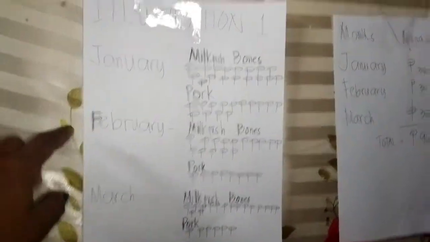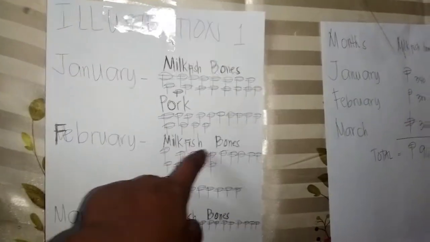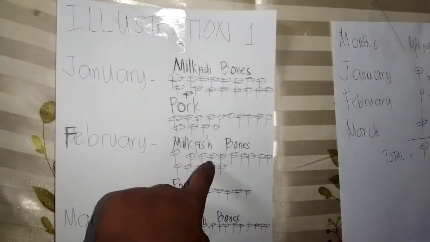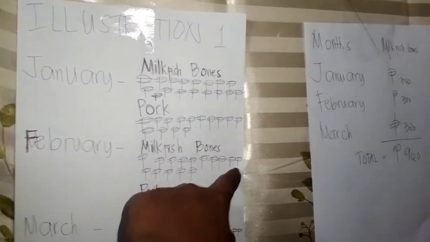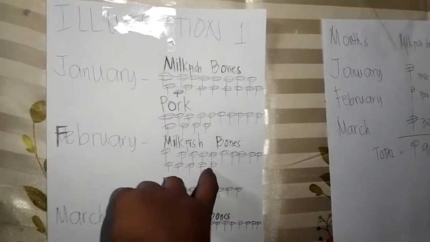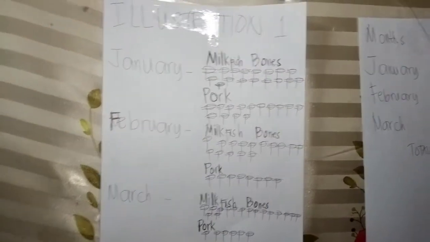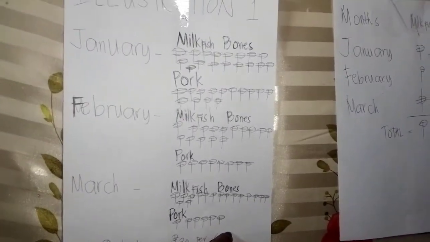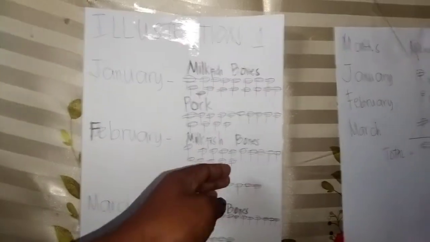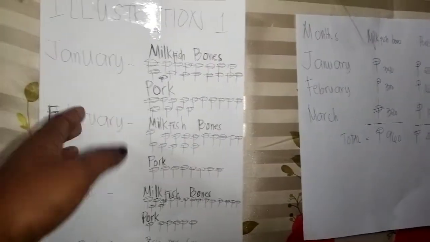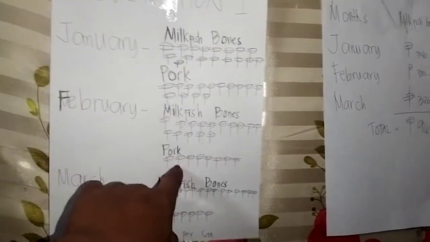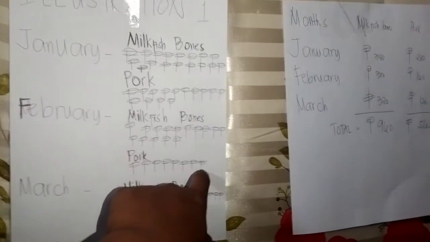The total of pork for the month of January is 280. For the month of February, we have milkfish bones of 15. We have 15 milkfish bones. So each peso sign here stands for 20 pesos per can. So we have 15. And the pork is 8.